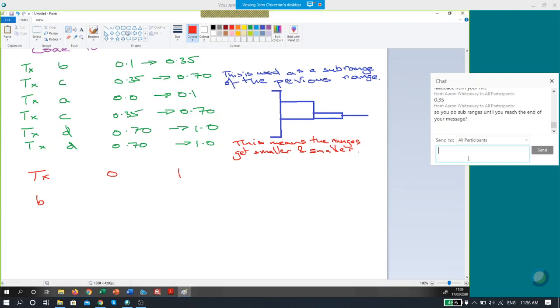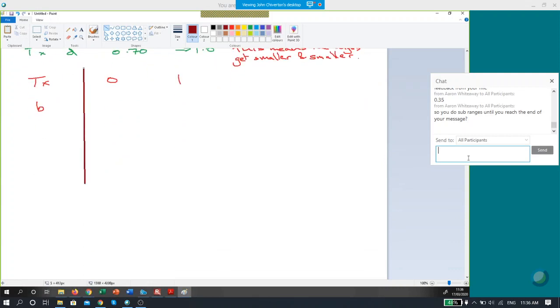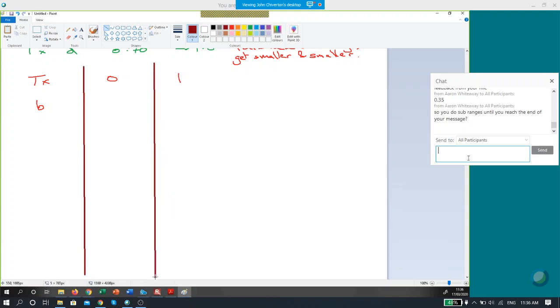And let's put some lines in here as well to help matters. Just move this along a bit. We've got plenty of space.